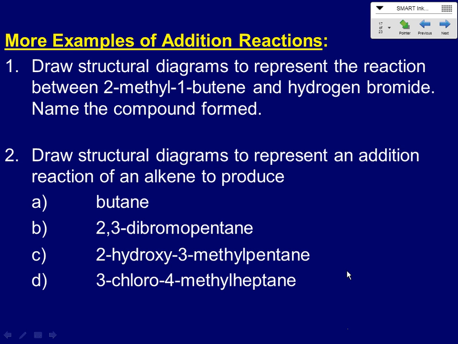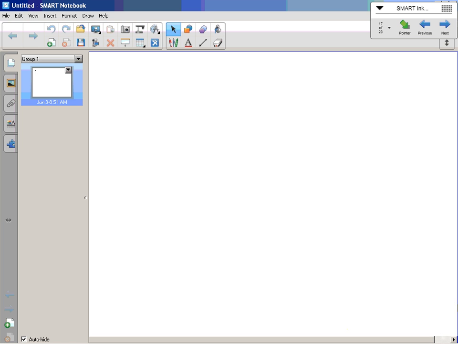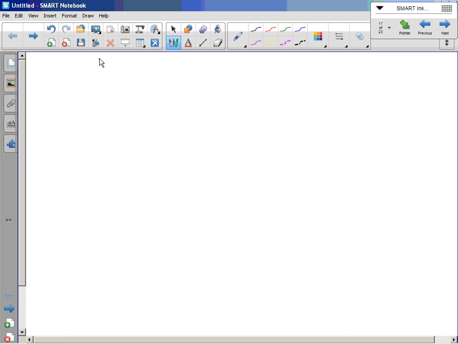So we need 2-methyl-1-butene drawn first, and then plus HBr. I'm just writing it out because I don't have it here. 2-methyl-1-butene.